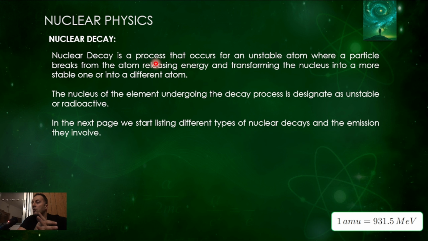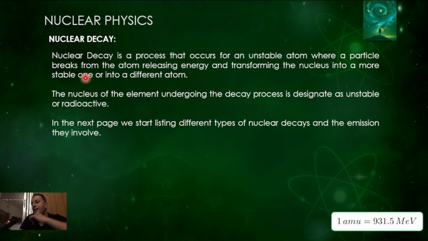All right, let's talk about different nuclear processes, nuclear reactions, starting with nuclear decay. So what is a nuclear decay? Nuclear decay is a process that occurs for an unstable atom where a particle breaks from the atom, releasing energy and transforming the nucleus into a more stable one. Why?